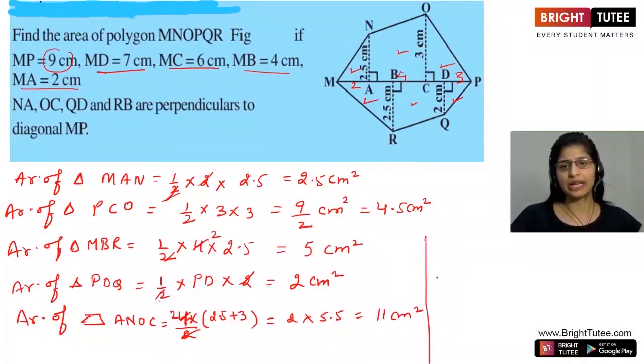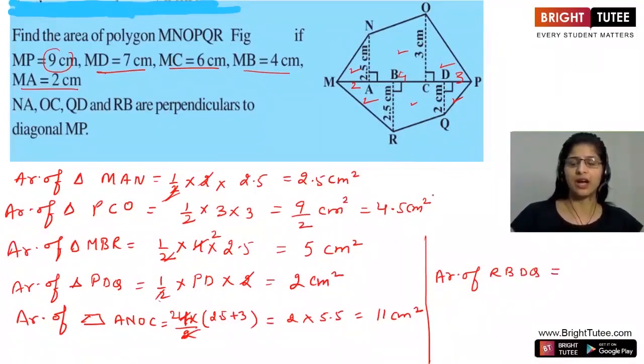Now one more area is left. Area of trapezium. The next is which trapezium? The lower one. What is the name given to this trapezium? As we can see, it is RBDQ. So how will we find the area? What is the height in this case? The height in this case is BD.